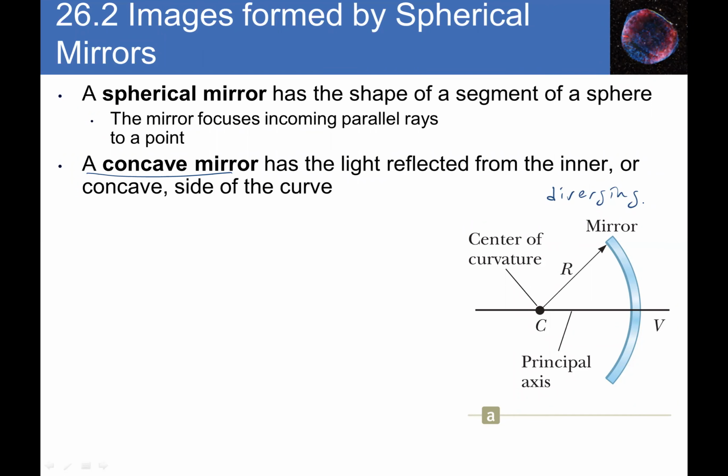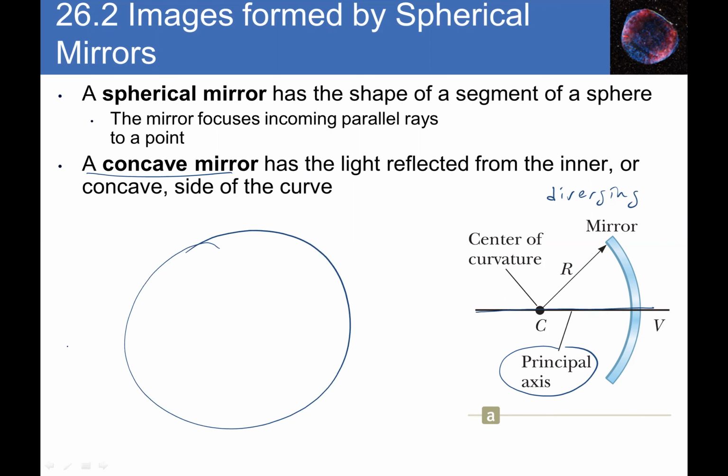All right, so what we have here is this axis, let's call it the principal axis. It goes through the sphere. Remember, it's a sphere, that means it has a center, and there's a radius distance from the center of the sphere.